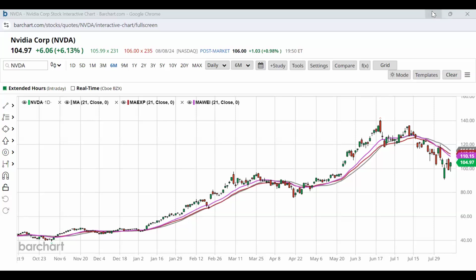A moving average is one of the most basic tools in technical analysis. It helps us smooth out price data over a specific period, making it easier to spot trends in the market. Instead of focusing on the daily ups and downs, a moving average provides a clearer view of the overall direction of a stock.